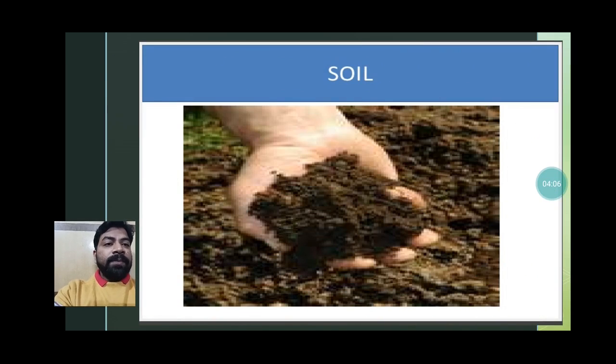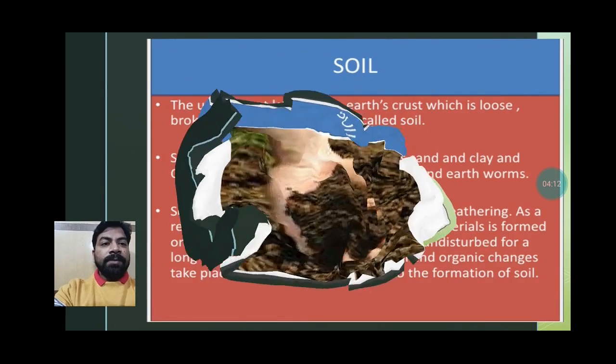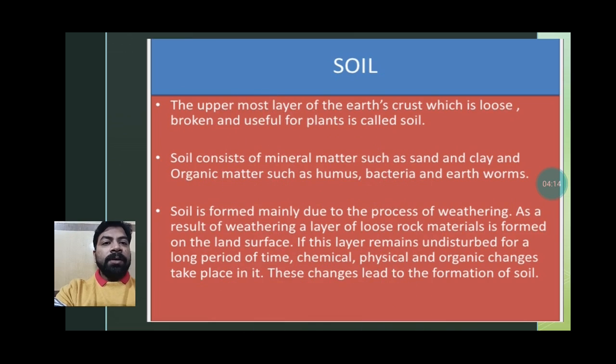Next topic which we have to cover in this chapter is soil, which is a very important topic, and types of soil. Soil is the uppermost layer of the earth's crust which is loose, broken and useful for plants. This way we can define soil.